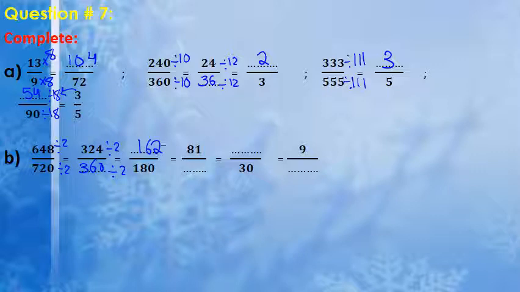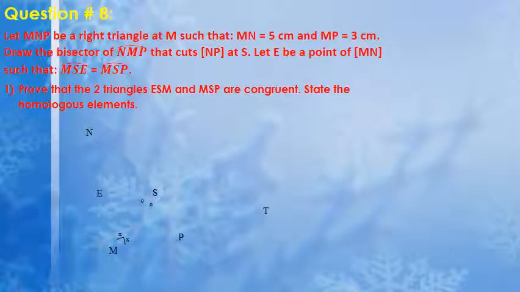How did it become 81? We divide by 2, we divide by 2. Here the answer is 90. 90 became 30. We divide by 3, so 81 we divided by 3. It gives us 27. 27 is divided by 3 to give us 9, and 30 is divided by 3. It gives us 10. These are equivalent fractions.